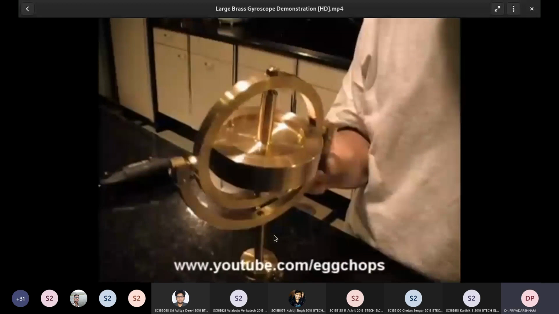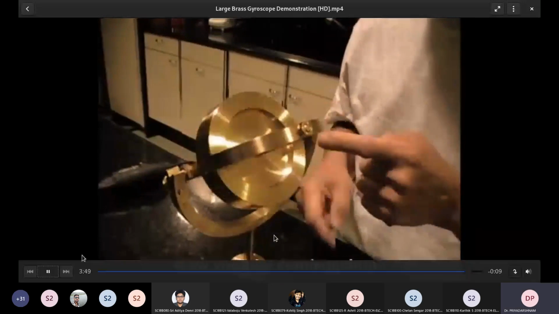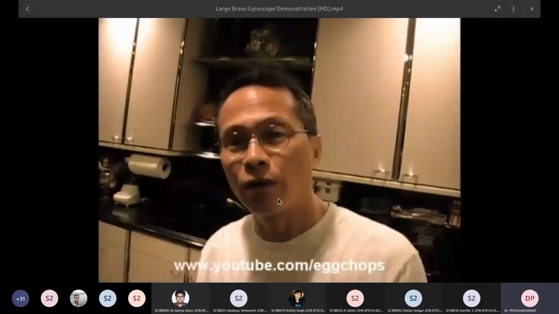I know most of you are not able to see it properly, but maybe we can talk about it now. Maybe later on you can go back and look at that video. You can see that three sets of gimbals are there. There is an outermost gimbal, that half circle. You can rotate it with respect to the vertical axis.